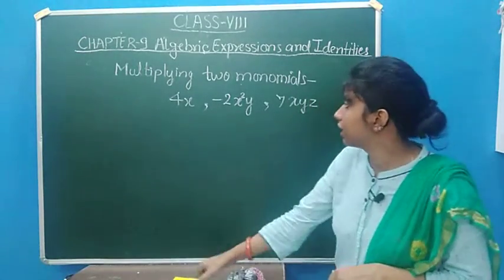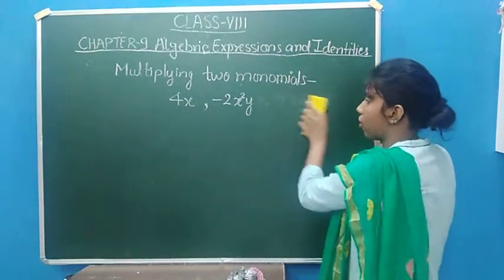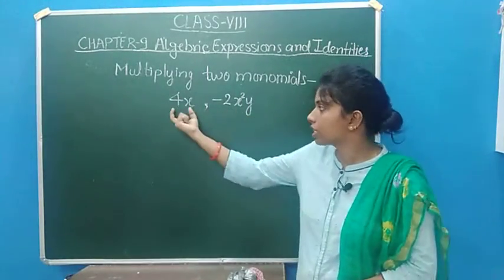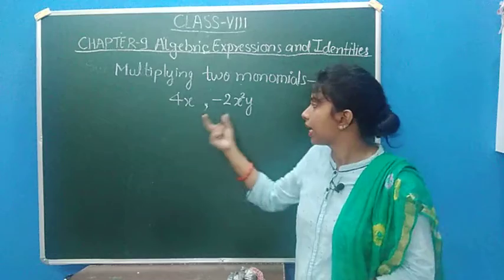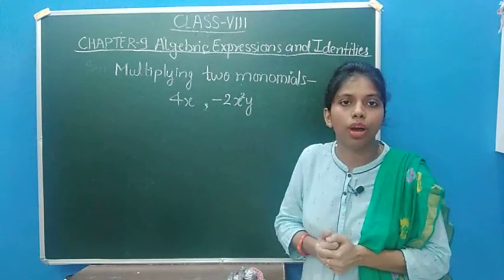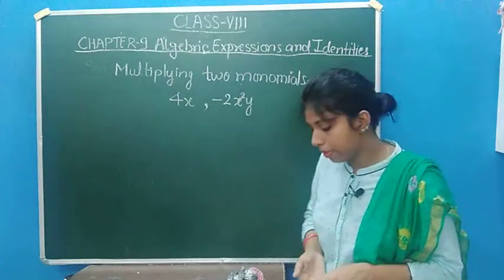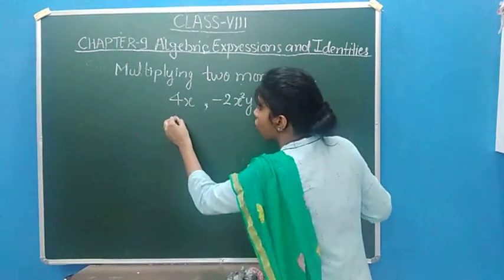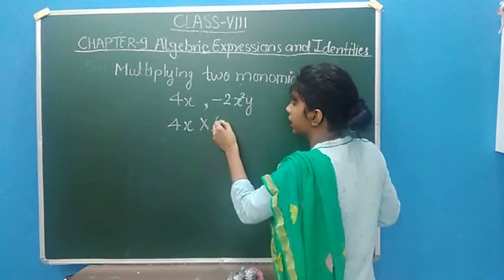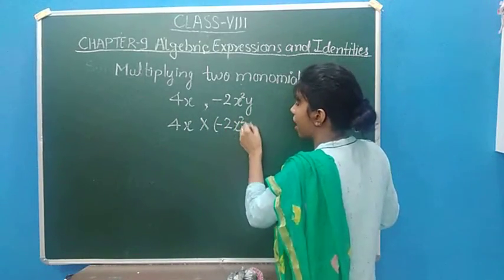Suppose I am taking these two monomials, and we have to multiply them. The first is 4x and the second monomial is minus 2x square y. If we want to multiply, let's write 4x into minus 2x square y.